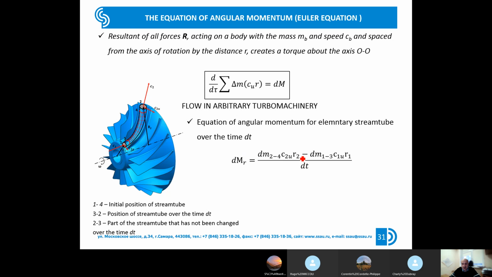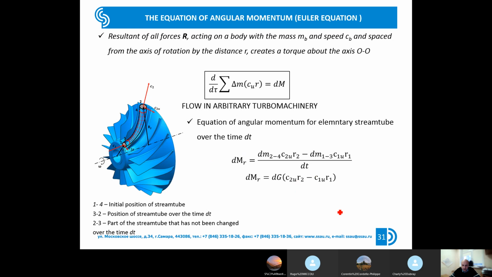So you see that here we have a relationship for the angular momentum of the output mass minus the angular momentum of the inlet mass. If we divide mass by the time, we receive mass flow rate. That's why we can simplify our equation a little bit.